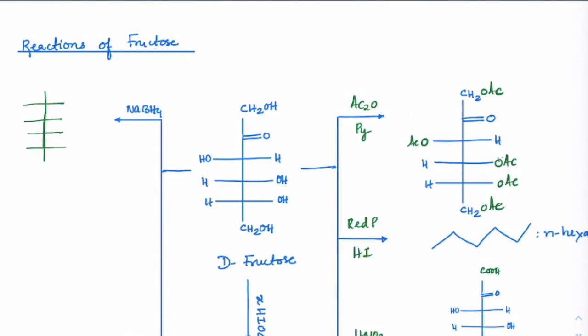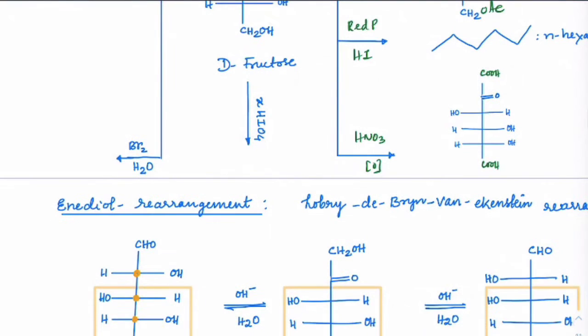Here it will become CH2OH, and NaBH4 will also reduce the keto part, right? So this will also become alcohol. So we'll get OH and H, OH, H, OH, H and CH2OH, right? So this is the product which you will get.